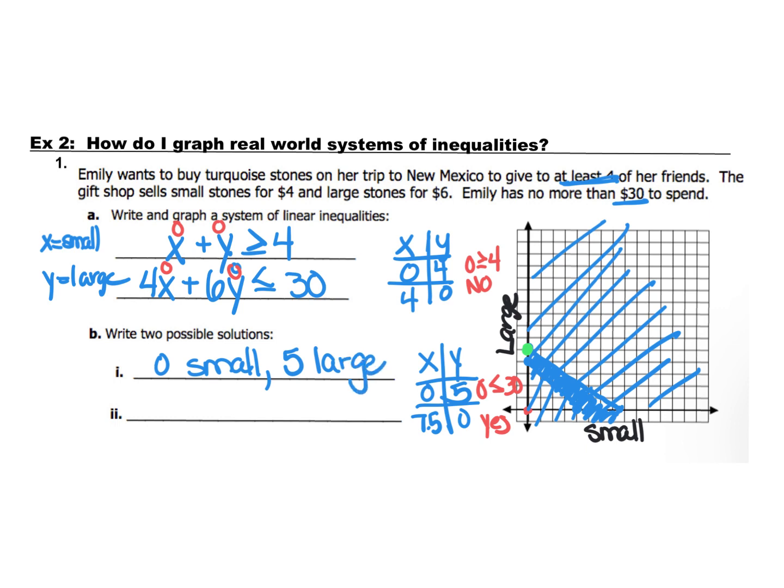And then another solution could be, let's see here, walking over 4, going up 1. Notice it's any of these that would be in the shaded area. So there's many solutions, but these are just a couple. So we could have 4 small and 1 large.